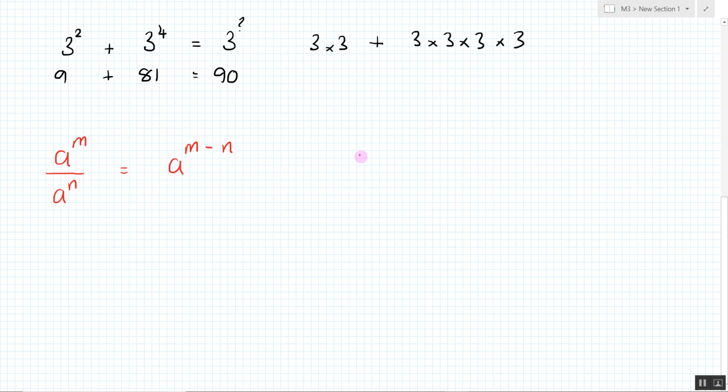So an example of that would be 5 to the power of 4 divided by 5 to the power of 2 is equal to 5 to the power of 2. So I would do 4 subtract 2, which is 5 to the power of 2. I'm going to ask you to think about that now. Why does that happen?